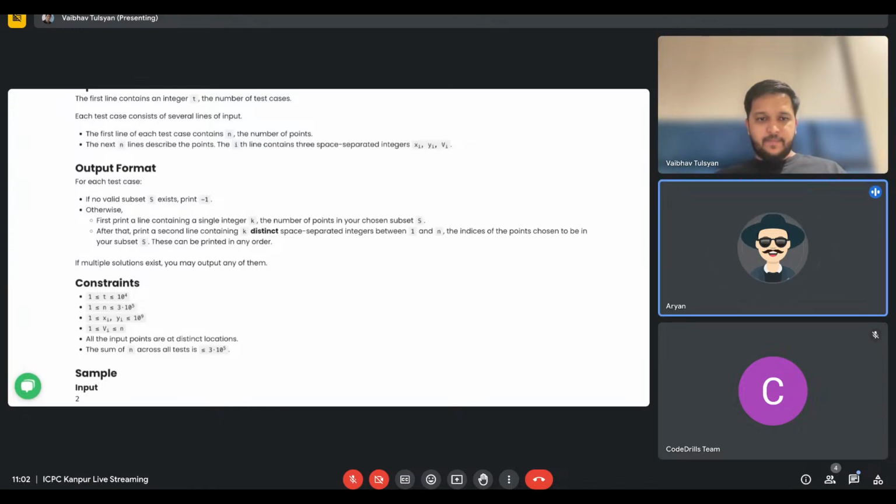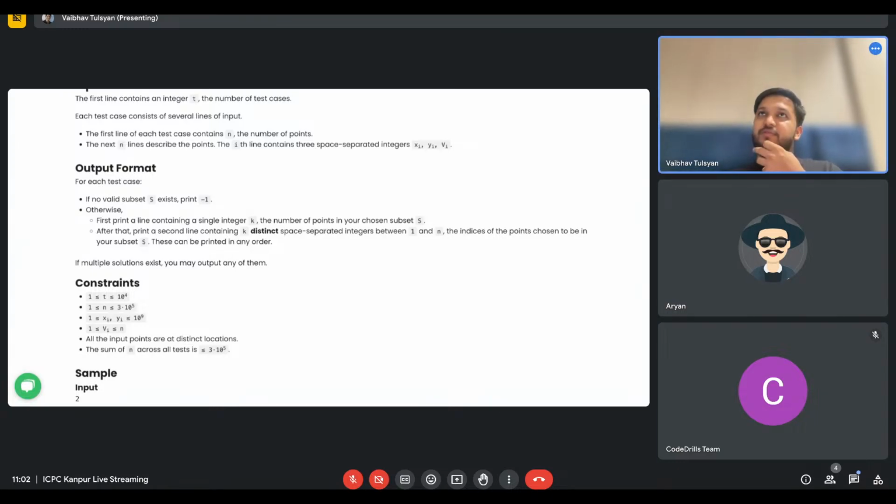Why do you think it's sufficient? Because we just need any non-empty subset, right? And we can't have only 2 points. So the smallest polygon that we can have is one with 3 points. But I'm not entirely sure yet. I have to think some more.